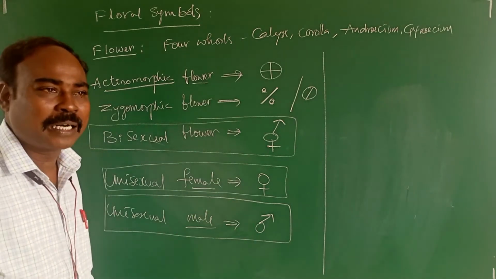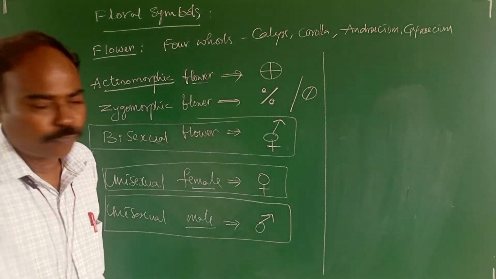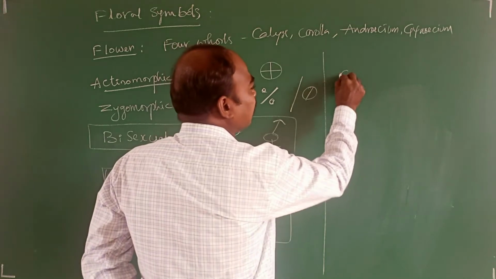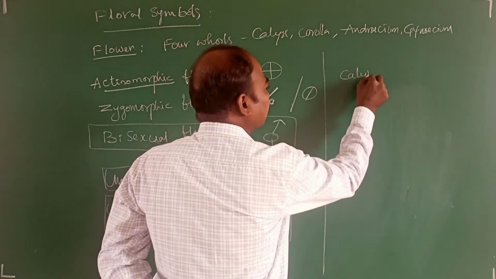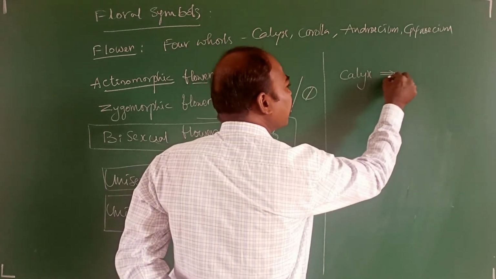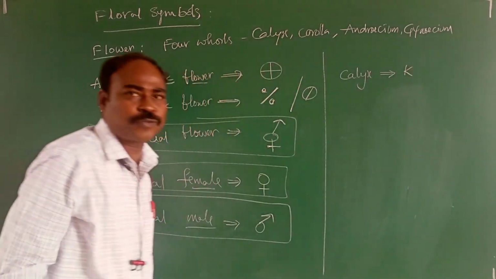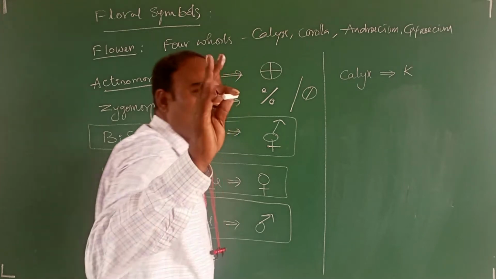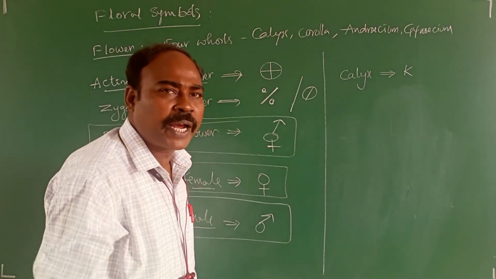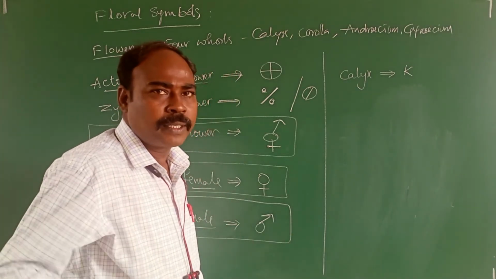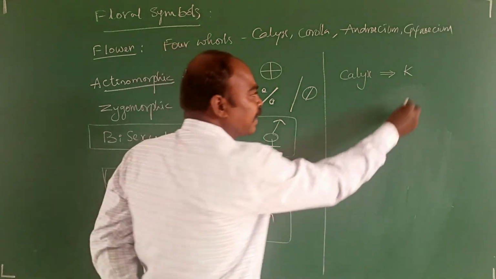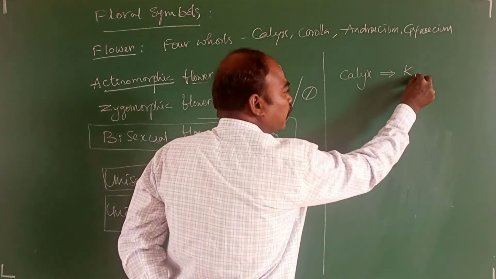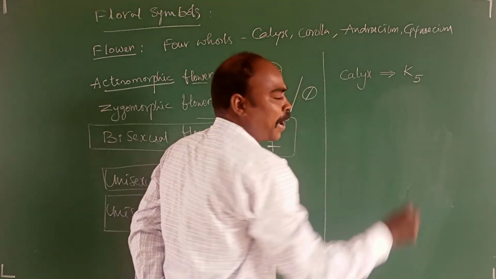Numericals. What are the numbers and numericals? Calyx. What is calyx? The outermost layer, the calyx, is explained with K. The calyx may be 3 or 4 or 5 or 6 in number. That number is indicated as a subscript, K5.